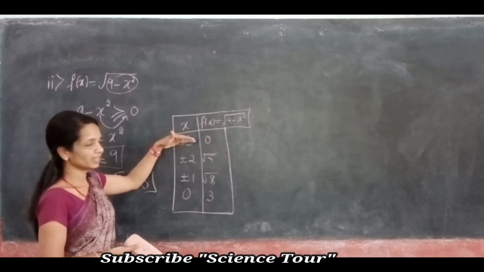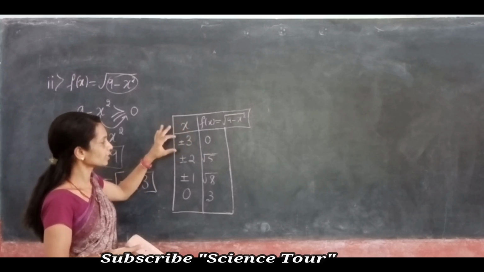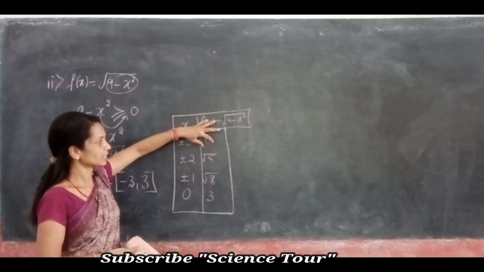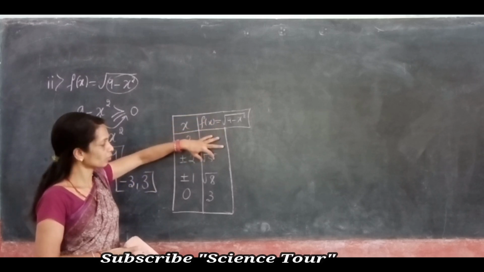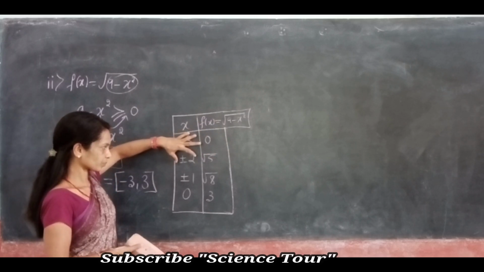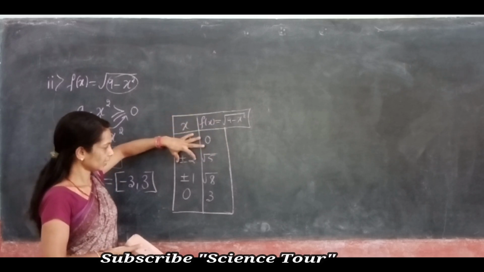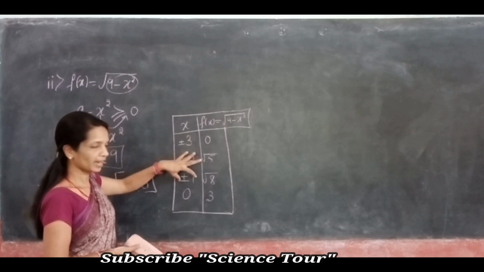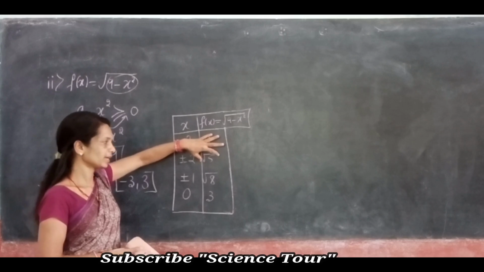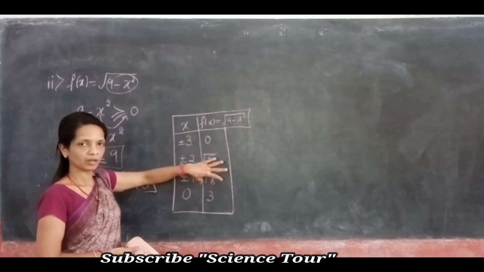If we take real numbers in between plus or minus 3 and plus or minus 2, then f of x will take values in between 0 and root 5. Like that, if we take a value of x in between plus or minus 2 and plus or minus 1, then the value of f of x you will get in between root 5 and root 8.